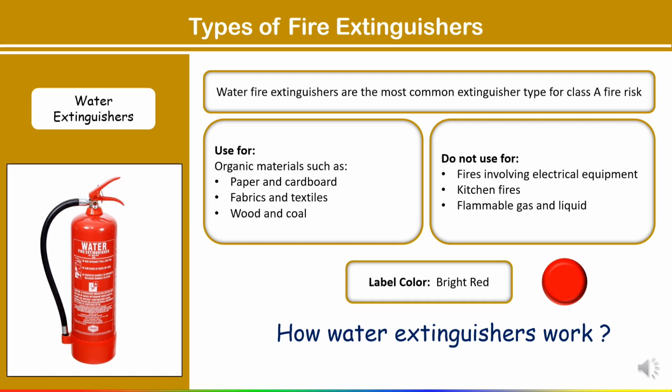The lower temperature of the fuel reduces the reaction rate, gradually slowing down and eventually stopping combustion. By cooling the material thoroughly, water prevents reignition, making the fire less likely to start up again once extinguished. In this way the water fire extinguisher works.